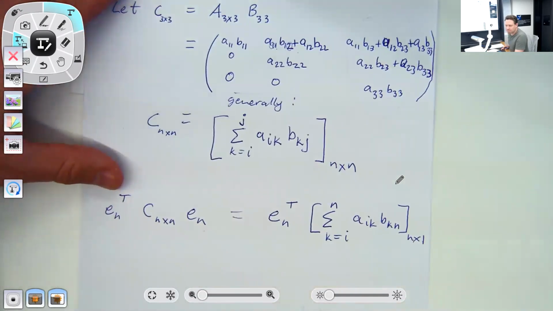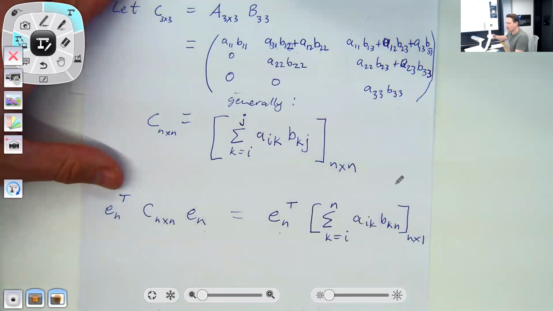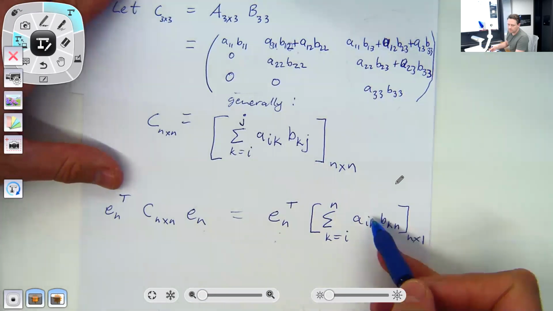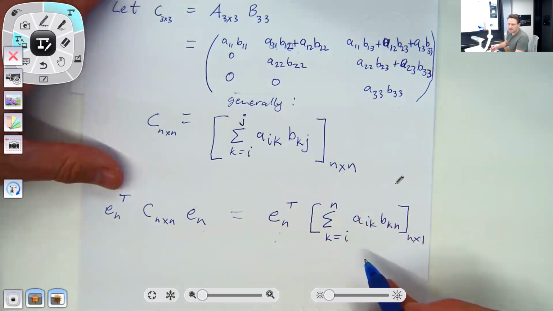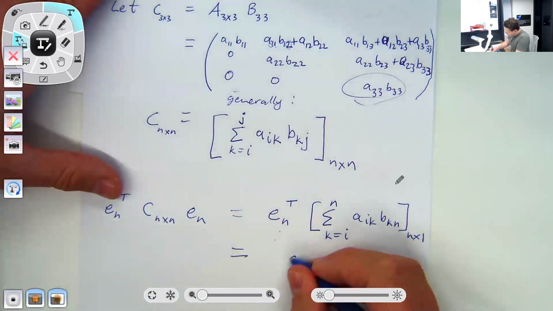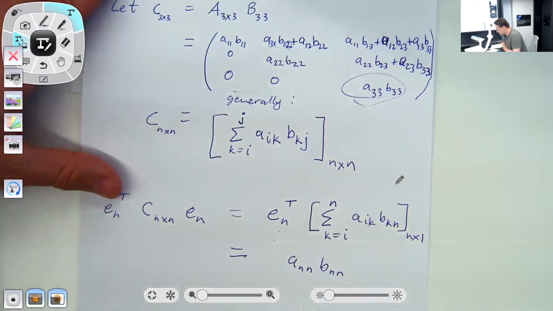But it gets better. This one here, remember, is 0, 0, dot, dot, dot, 1. When you multiply this by this column matrix, it multiplies by 0 and adds 0 plus 0 plus 0, and then just adds the 1 times the last entry. But we know what the last entry is. It looks like this, so this comes out to be A_nn B_nn.